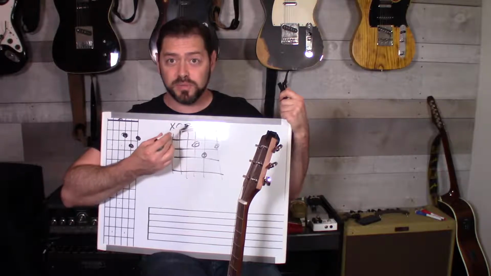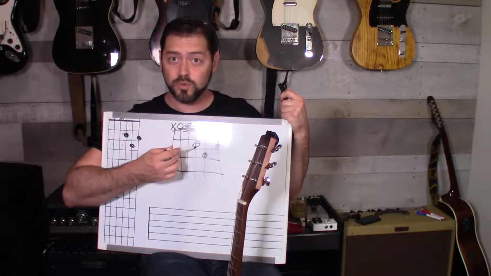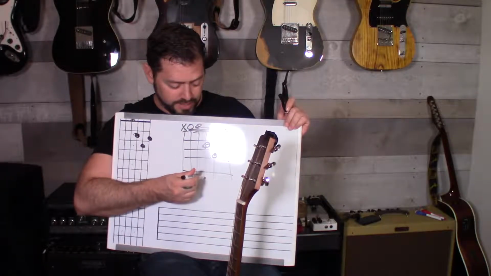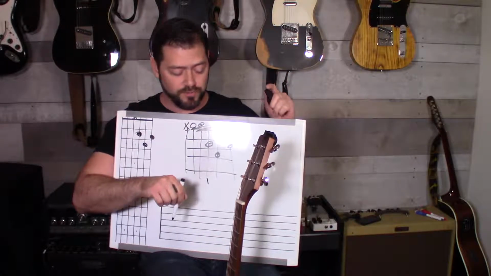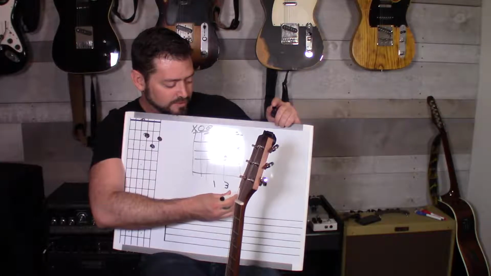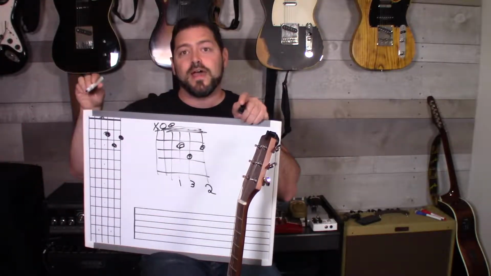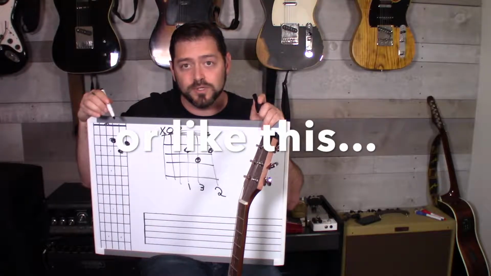The 4th string is going to be played open. The 3rd string, you're going to have a dot here. Now, you don't know which finger to use until I write the number 1 down below the diagram, and then you know you're using your 1st finger there. You'd be using your 3rd finger here and your 2nd finger there, and that would complete that particular chord diagram, which happens to be an open D major.